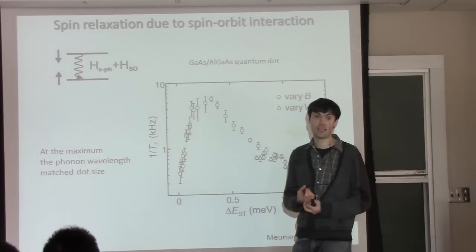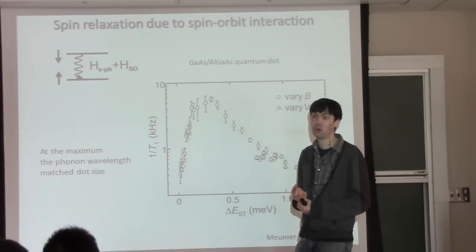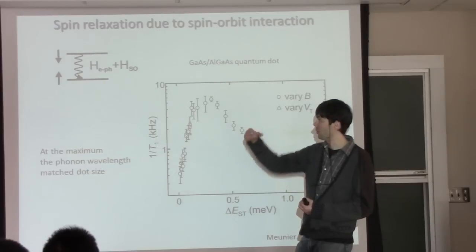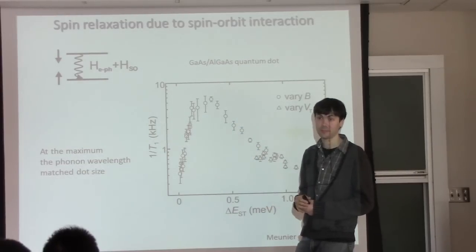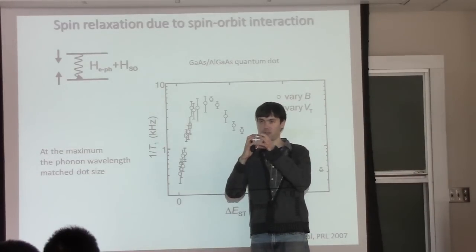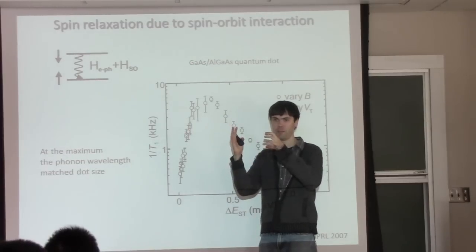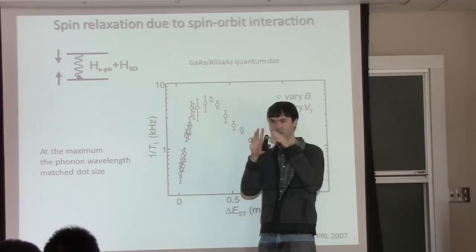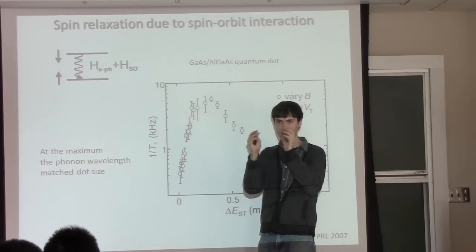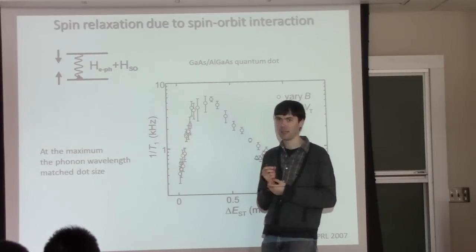Well, spin goes into the lattice. So spin goes into phonons. And in fact, phonons are what relax spins from down to up. The way to think about it is like that. The spin of an electron is sitting in a quantum dot, and all these phonons are coming. Phonons shake the lattice and distort the wave function a bit and change the electric fields a bit, just very slightly for each phonon.